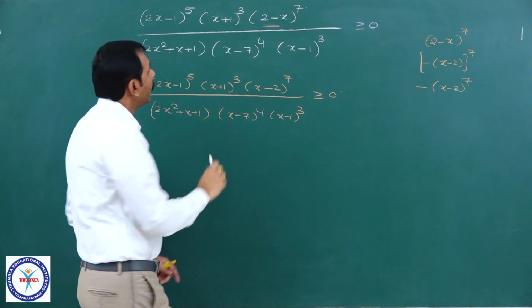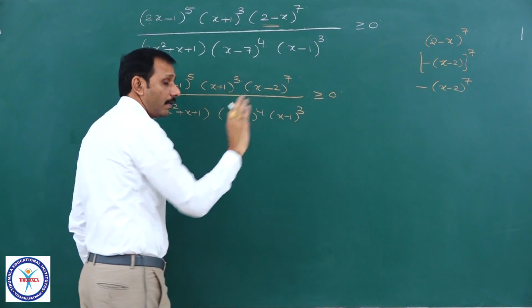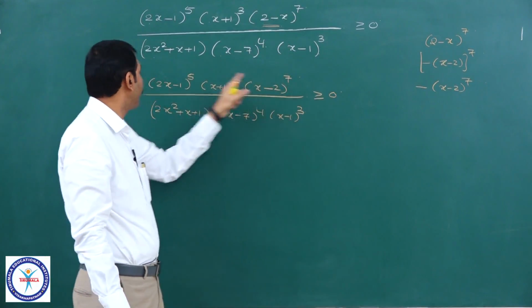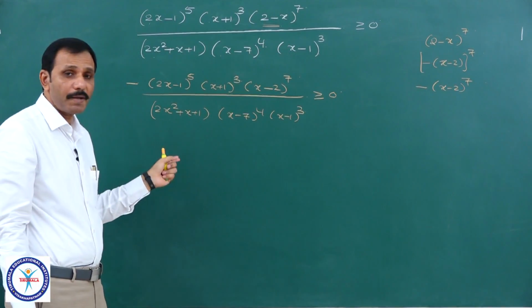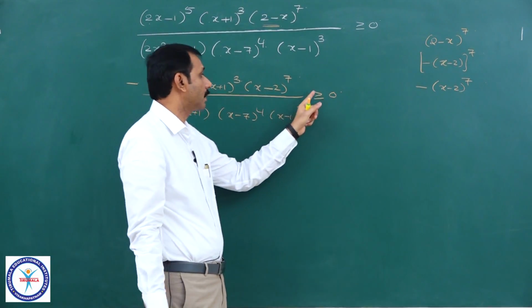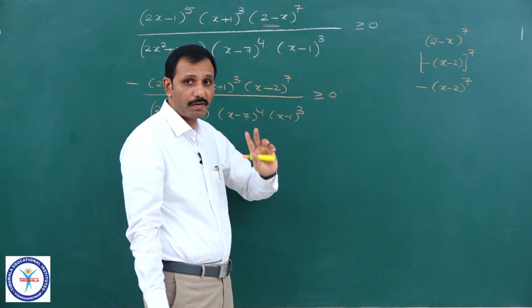Now, what I did, I have just taken minus outside to make this as x minus alpha type. Whole power 7 minus sign, that minus I wrote here. Now, multiply with minus sign this inequality. You know, if you multiply with minus sign on both sides, this inequality will change. Greater than will become less than, less than will become greater than.